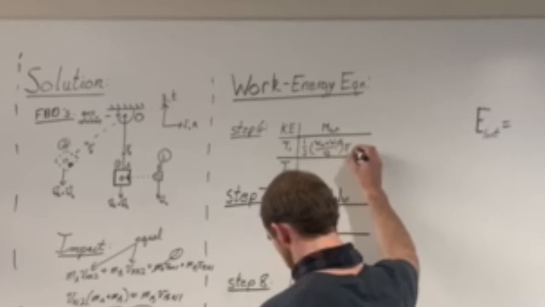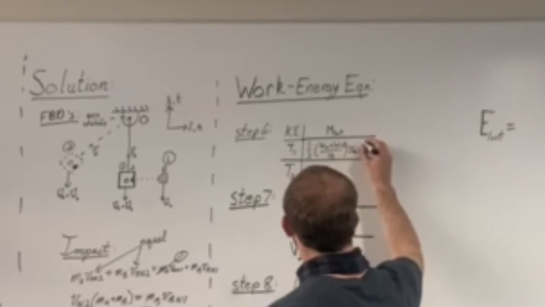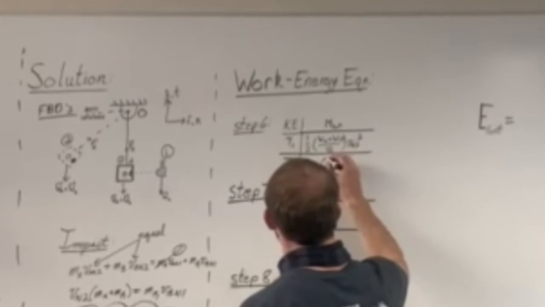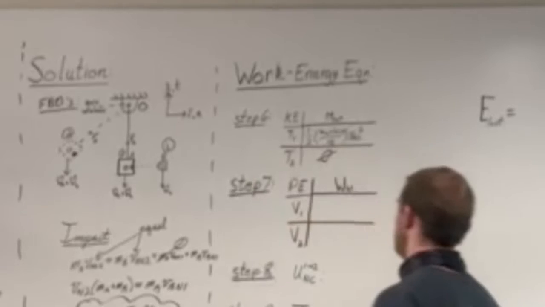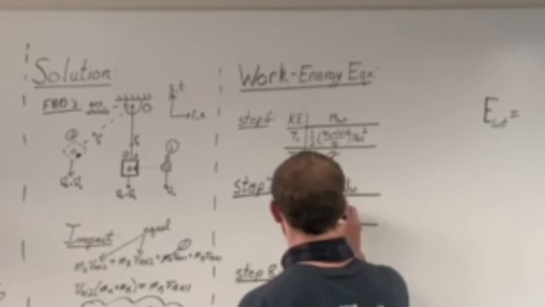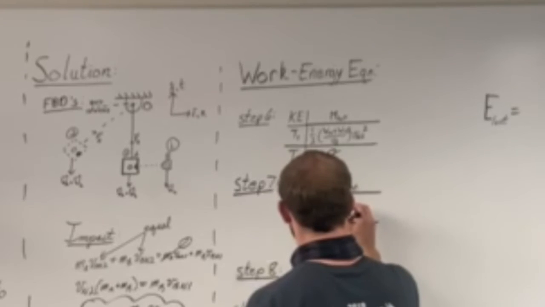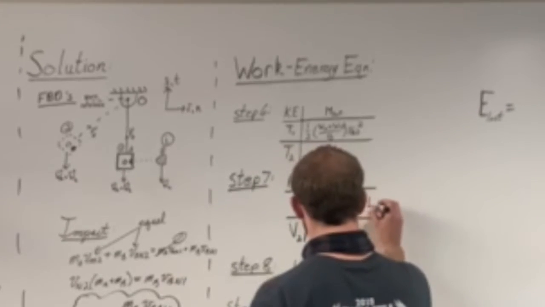The weights are given, so we divide by gravity, so we're going to be in pounds mass. And because it's a maximum, T2 is going to be 0, so it's going to be 0 velocity at state 2.